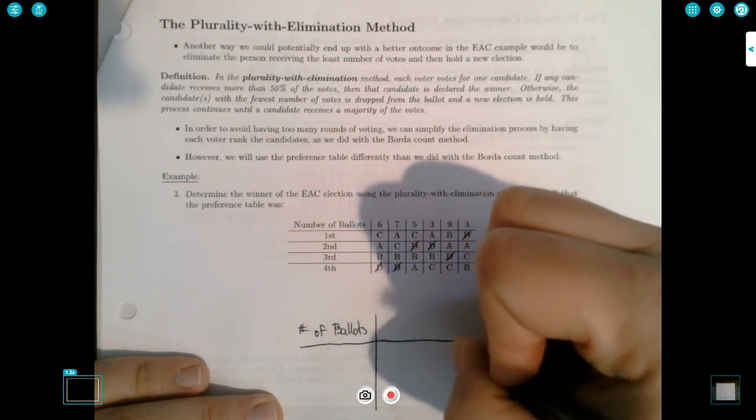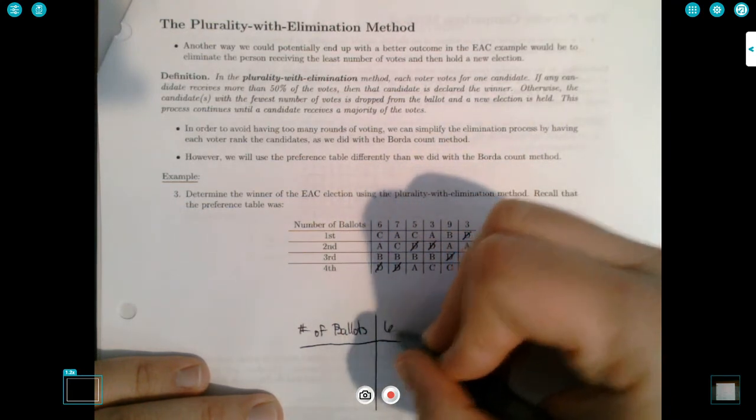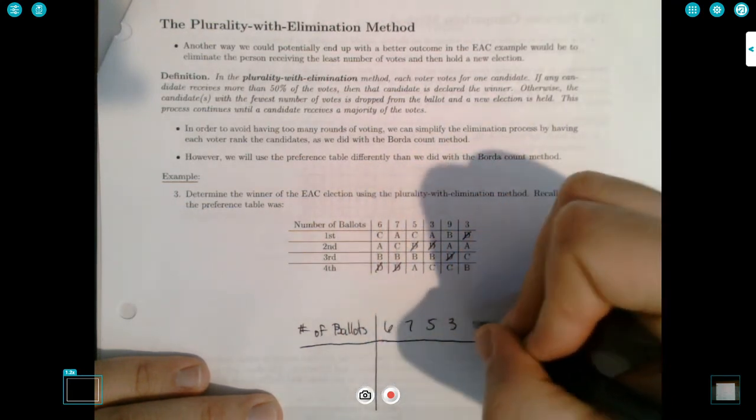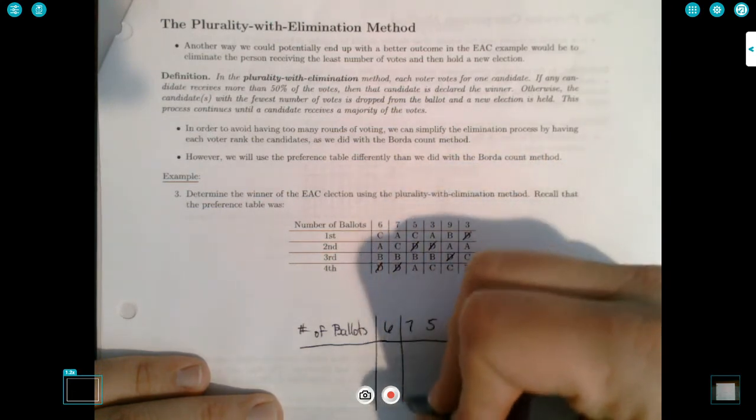In fact, we don't really need to write out the whole thing. The columns are 6, 7, 5, 3, 9, 3.